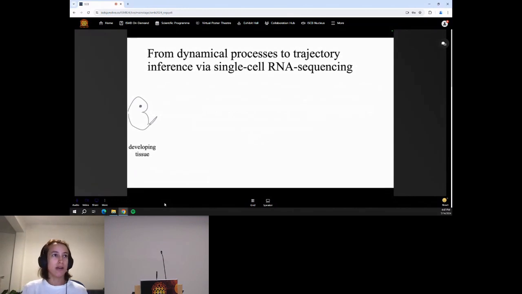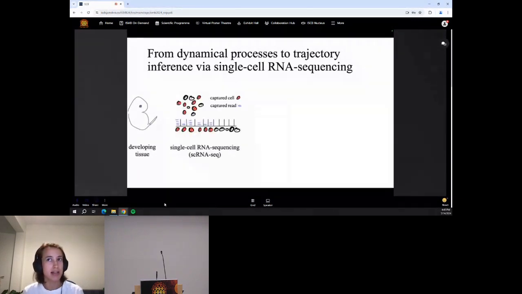Okay, so let's start with some background. Cells undergo temporal processes such as embryonic development, where cells differentiate and acquire specialized functions. Single-cell RNA sequencing is a powerful tool that captures gene expression profiles of individual cells at a specific moment.